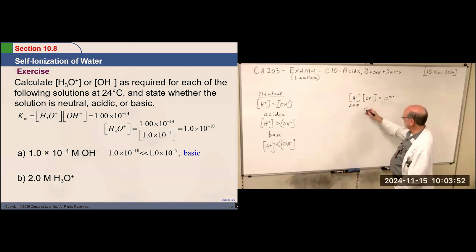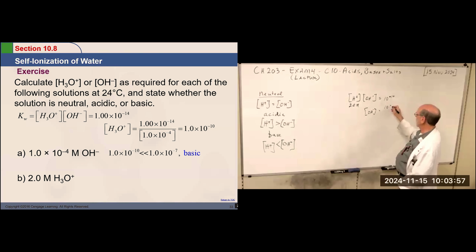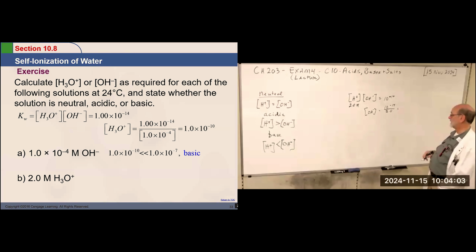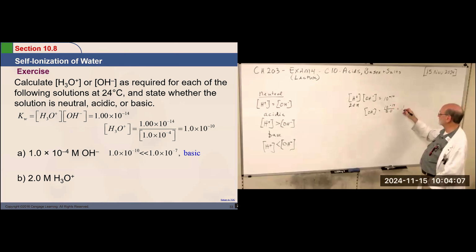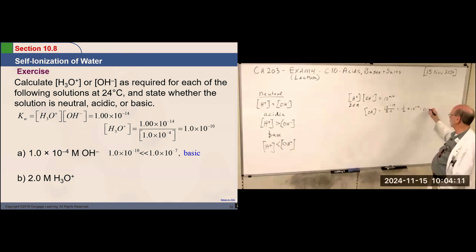So this is going to be what? 10 to the minus 14 divided by 2. So that's a half, right? A half times 10 to the minus 14. Or 0.5 times 10 to the minus 14.